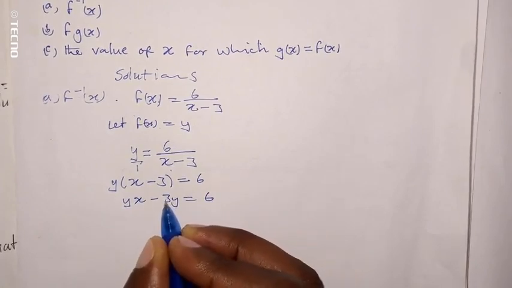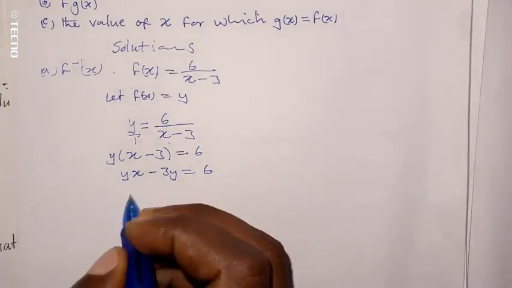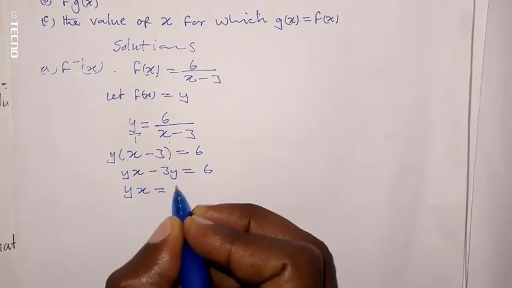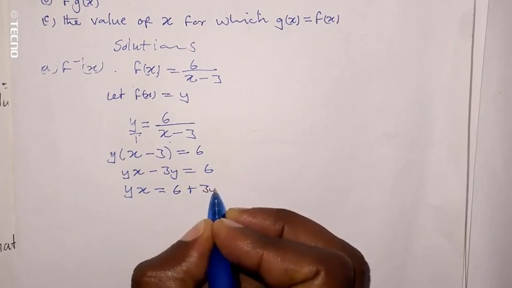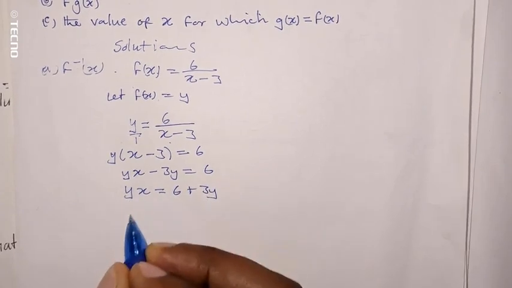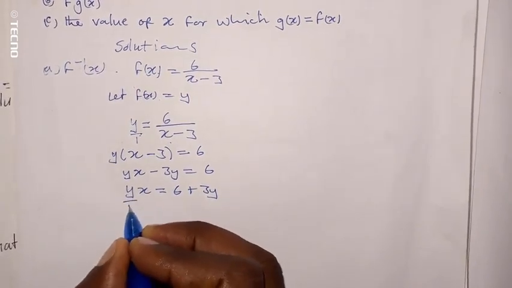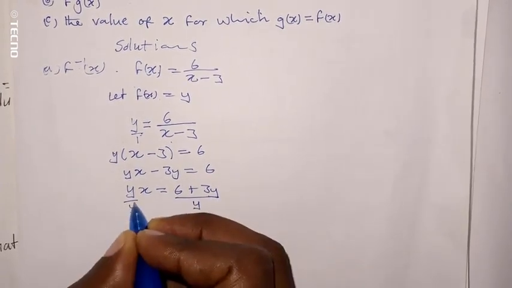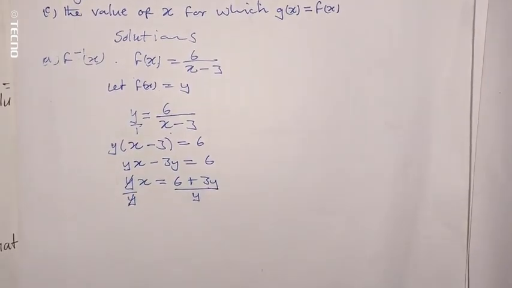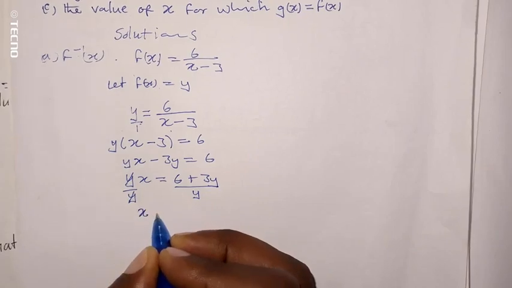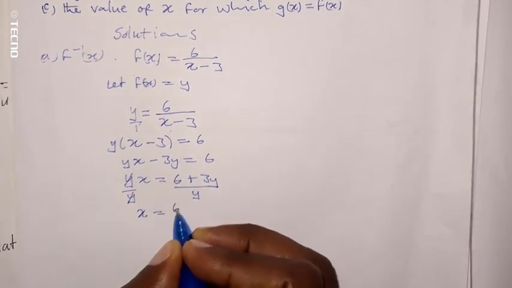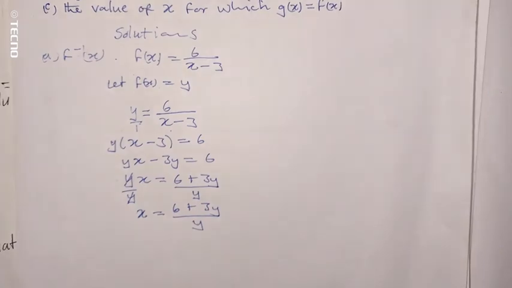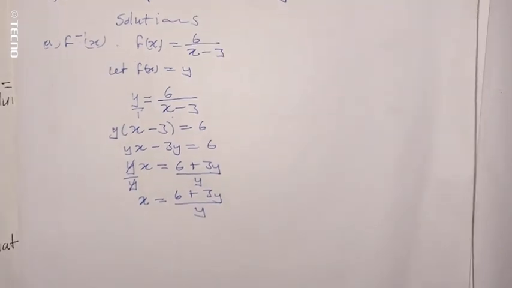When we transpose this to the other side, it will be yx is equal to 6 plus 3y. Remember, our aim is to make x the subject of the formula. So we divide by y on both sides, and then x is equal to 6 plus 3y over y. Having something like this, we said it's an inverse.